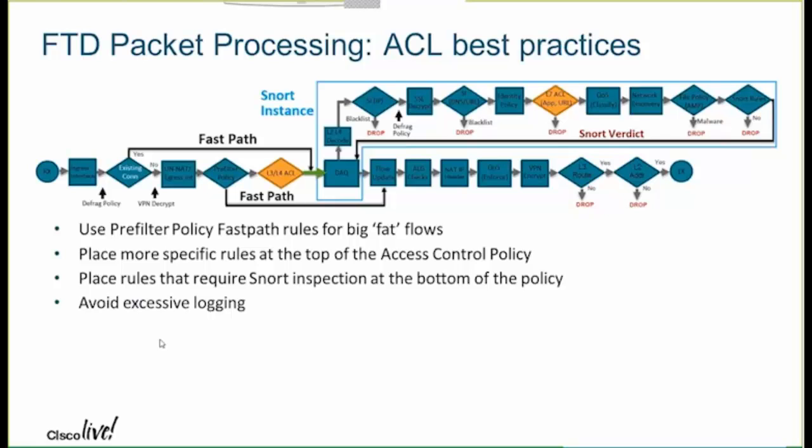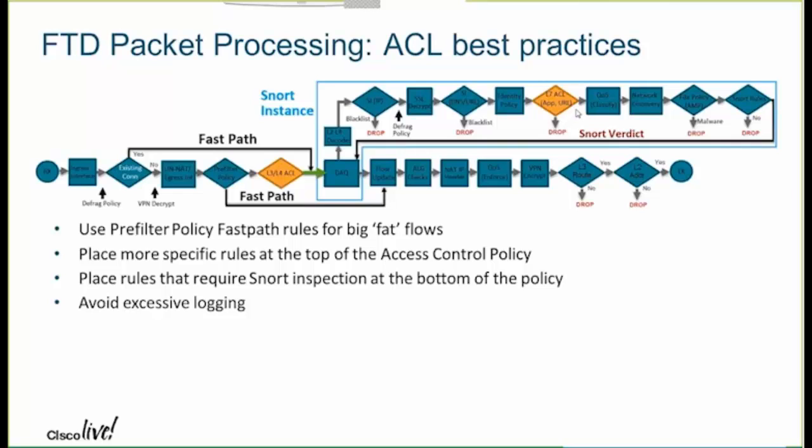If it's trusted traffic, it is always best to fast path the traffic and not send it to Snort, because it is one giant flow, we will always send the traffic to one Snort instance, and if any other traffic gets hashed to that same Snort instance, it will experience some sort of delay or latency.